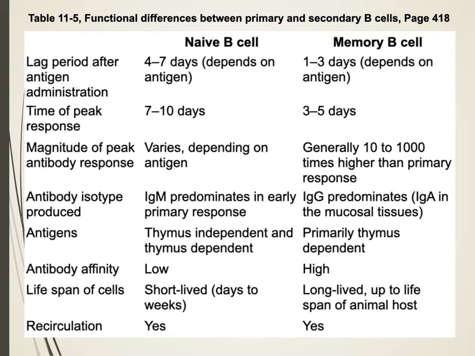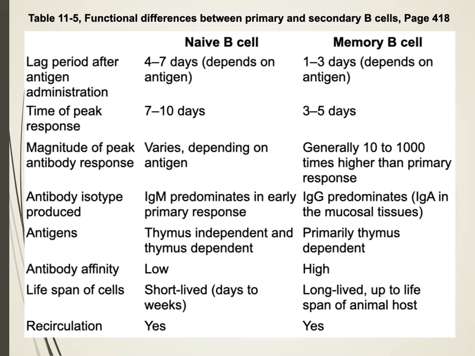Also, the antibody that's going to be produced is dramatically different. The memory population predominantly produces IgG. You do have production of IgA for the memory populations that are found in the mucosal tissues. But with the naive, you're going to start with an IgM, and then you have to go through the whole selection process. IgMs just don't have as high of an affinity.